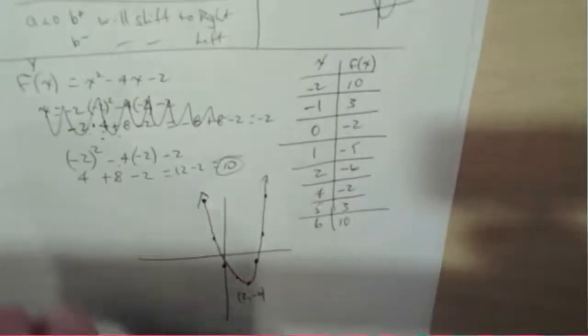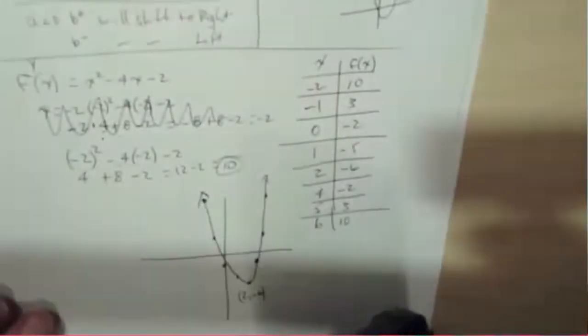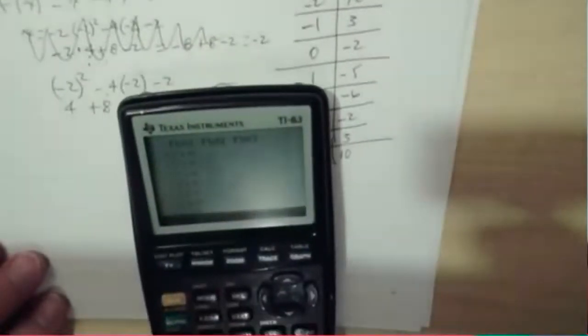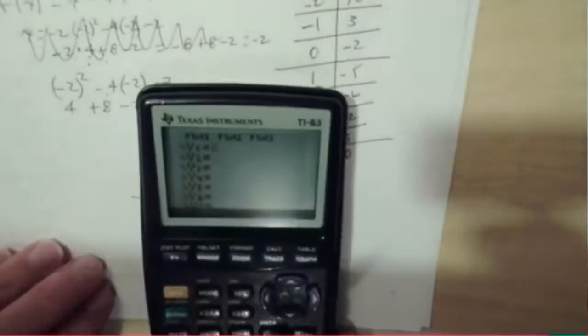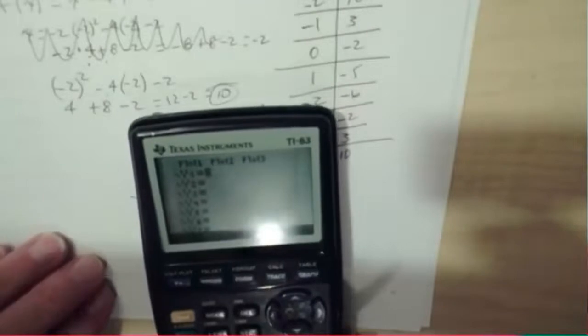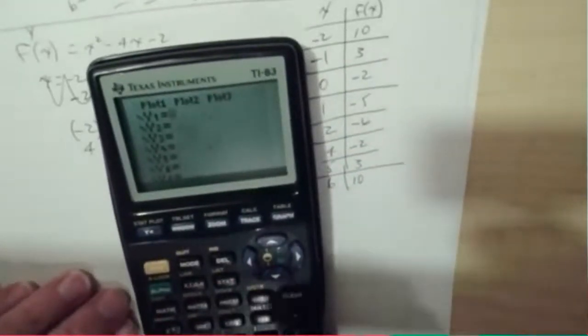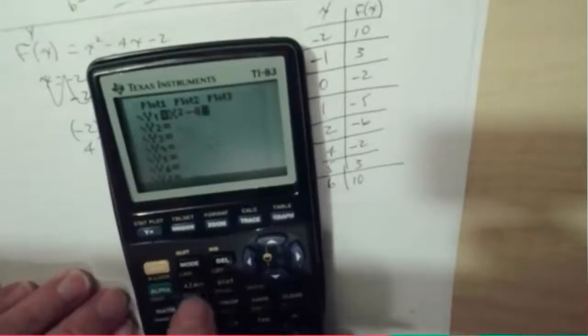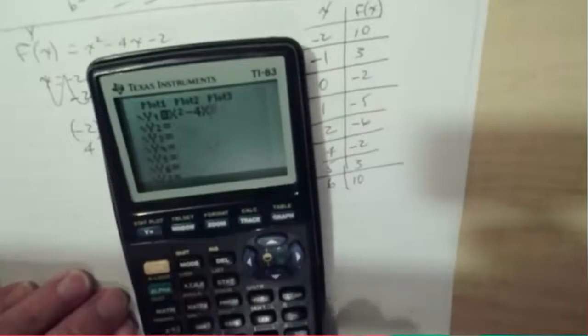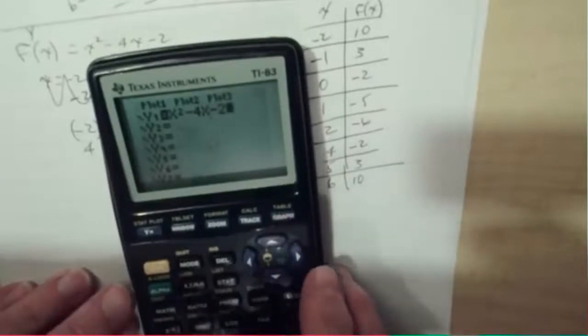Of course, we can do this on the calculator. Let me do it real quick for you. First, you turn it on, and it's already on y equals. Now we're going to plug in the original equation, which is x squared minus 4x minus 2.